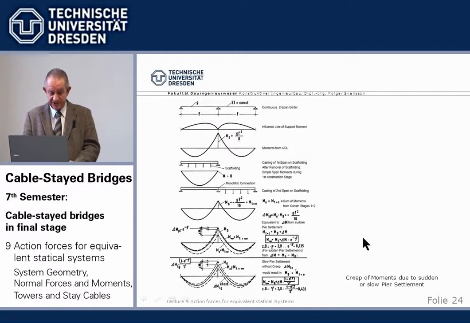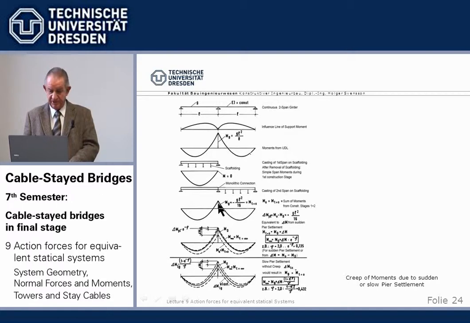Now, shrinkage and creep is a little tricky. I'll go through it fast because otherwise it's 2 or 3 lectures. But I'm hopeful you have all learned that in concrete structures. If we have a 2-span girder, then if we calculate the moment there as a statically indeterminate system, then that's QL squared 8.